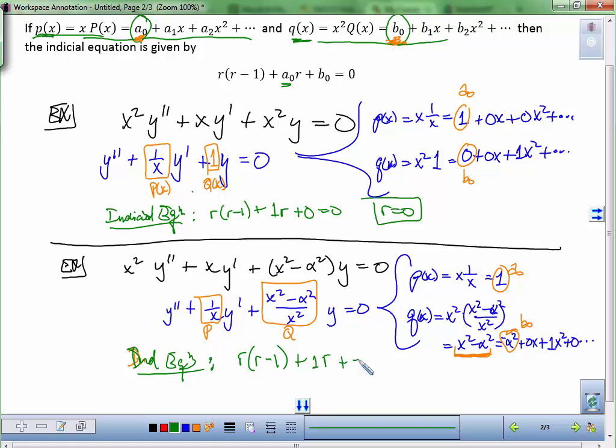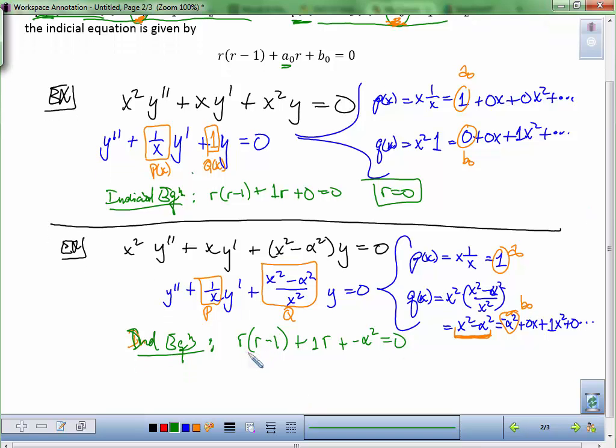In this case, it's minus alpha squared is equal to 0. So if we solve for this, r is plus and minus alpha.